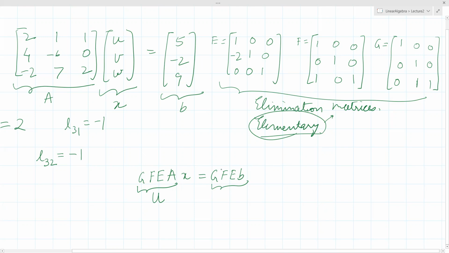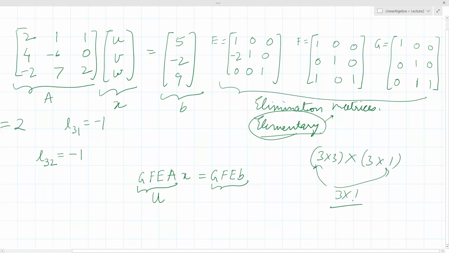Any idea? 3 by 3 by 1? All of these are 3 by 3 matrices, so when you multiply all three, the final result is again a 3 by 3. What is B? B is a 3 by 1, because you're multiplying 3 by 3 by 3 by 1. So what will be your result? A 3 by 1 matrix. Is that okay, Medha?